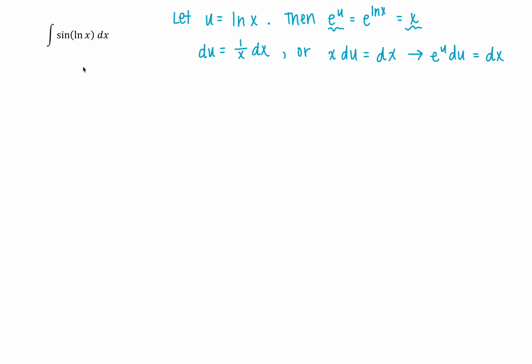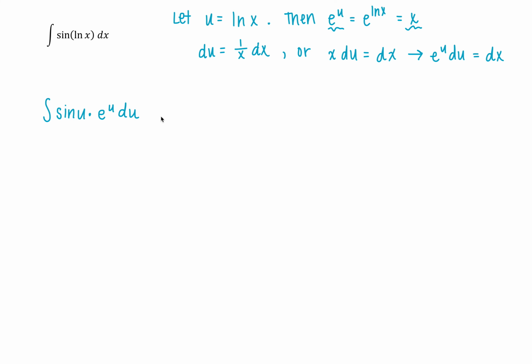So let me go ahead and start replacing things. We're going to have the sine of u now, and then instead of dx, I'm going to write e to the u du. Now we can do integration by parts for this one. So you would choose your u and your v, but if that gets confusing because we just did a u substitution, you can call them different letters.